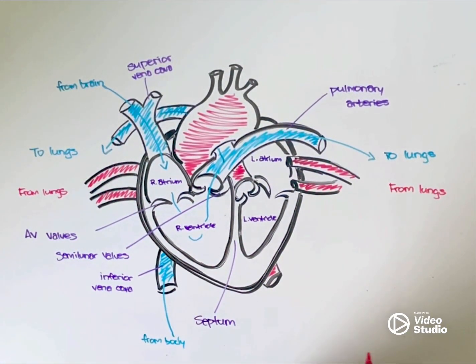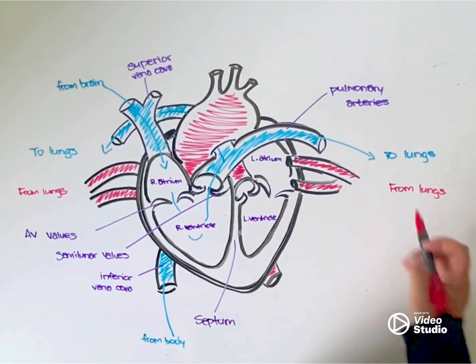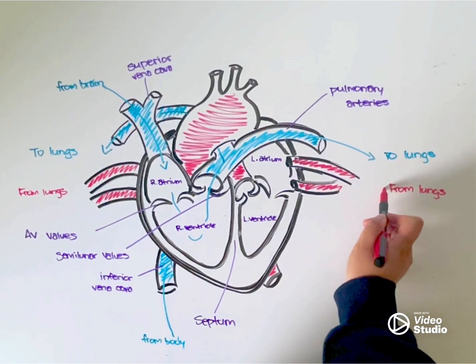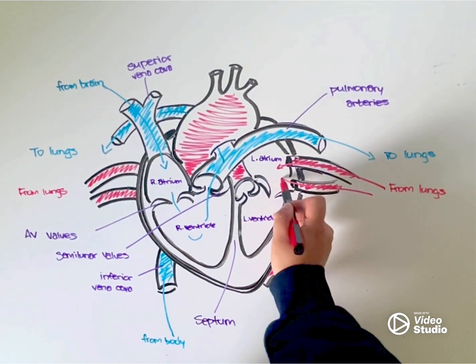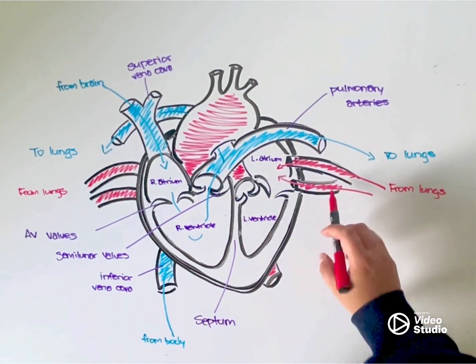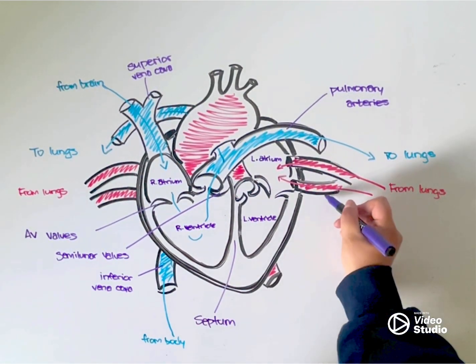So once that blood has gotten rid of the CO2 and picked up some oxygen, it is going to get pulled back into the heart through these blood vessels here, known as the pulmonary veins.